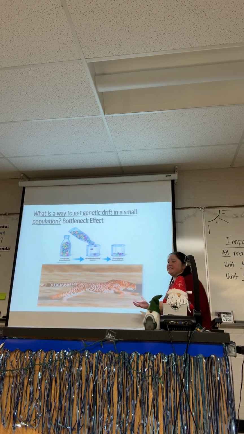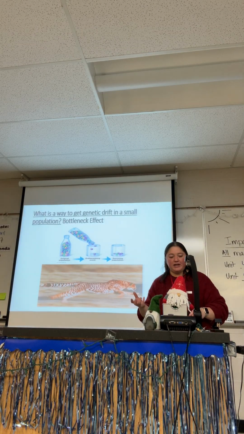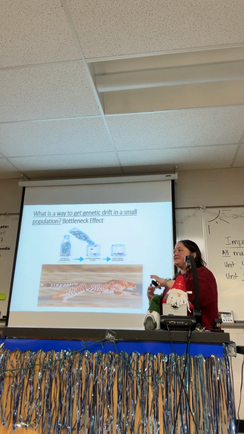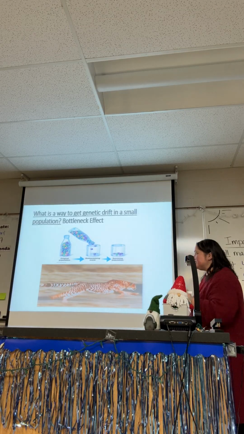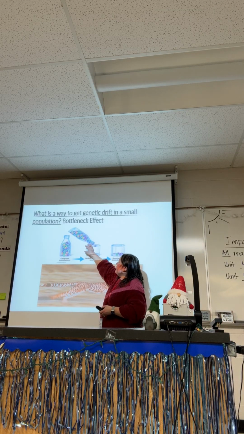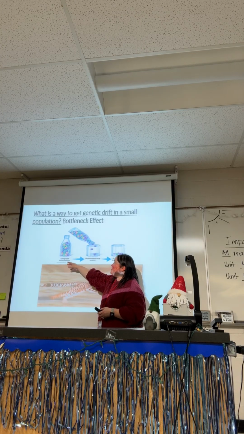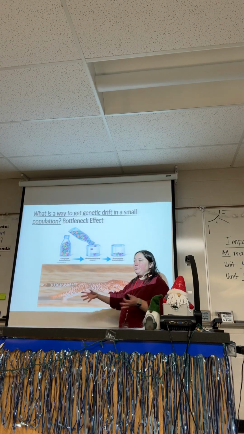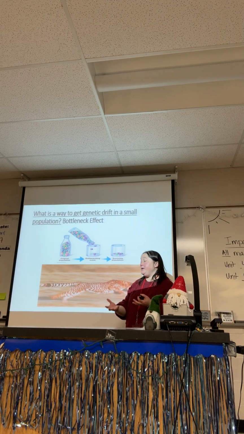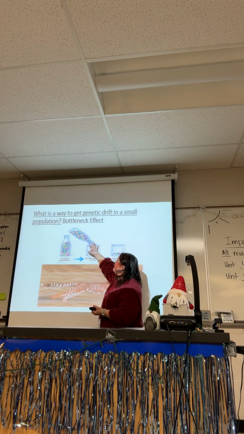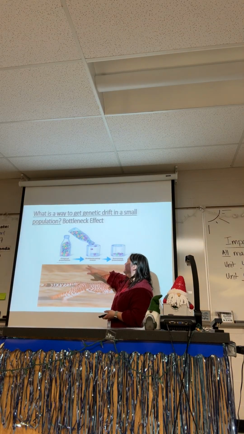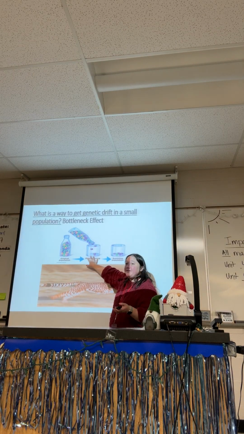Usually it's something like a virus that can cause this population to go towards extinction. Let's say that in this original population, we have green, orange, and purple organisms. But because of some event, maybe like a virus, very few of them are able to escape from that bottle and survive whatever that event is.